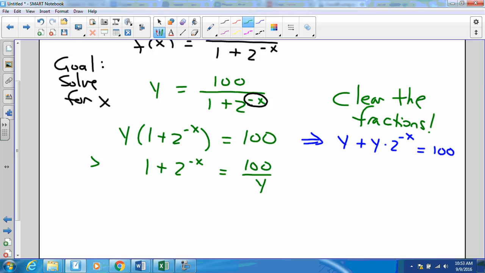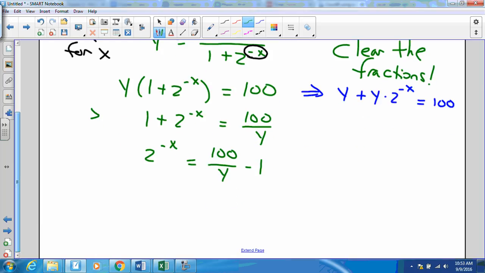If I take this branch right here, it's fairly clear at this point that I want to subtract 1 from both sides. Like so. I can simplify this if I want to. I don't necessarily have to. And now I need an inverse for 2 to the minus x.